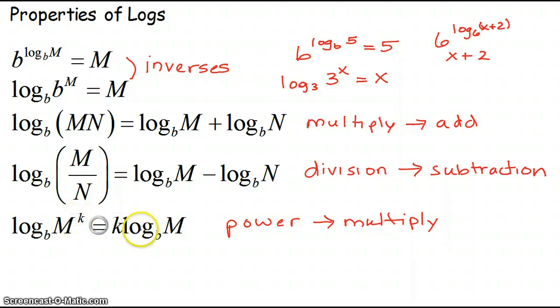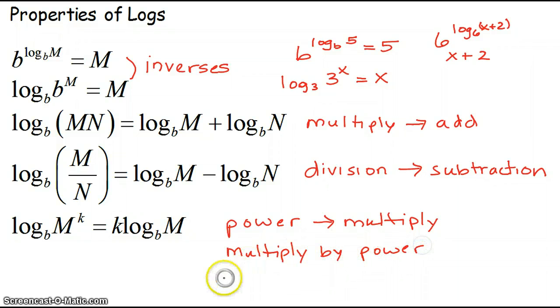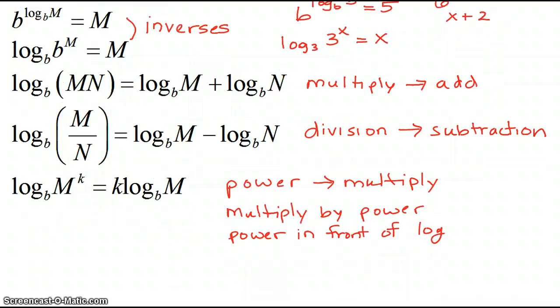So another way to think about it is you're going to multiply by the power. Or you might think of it as putting the power in front of the log. To multiply logs, you have to multiply it by that number.